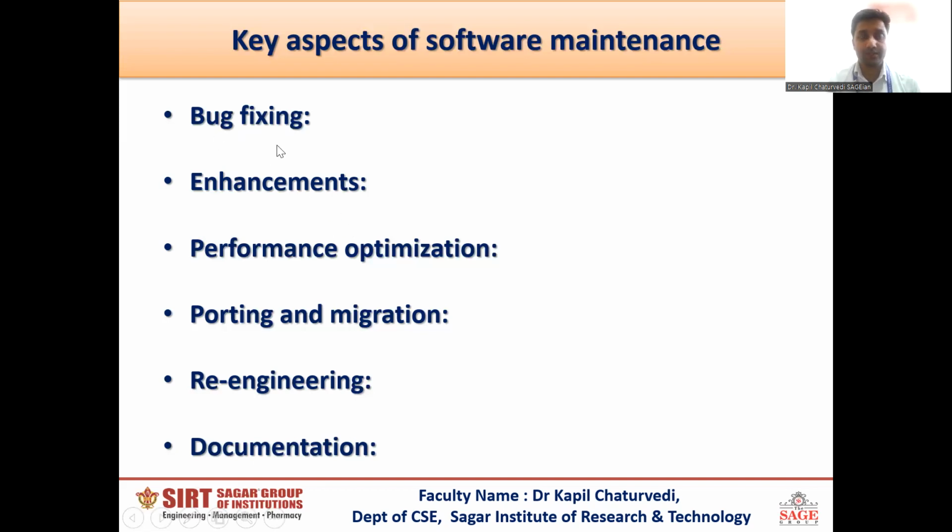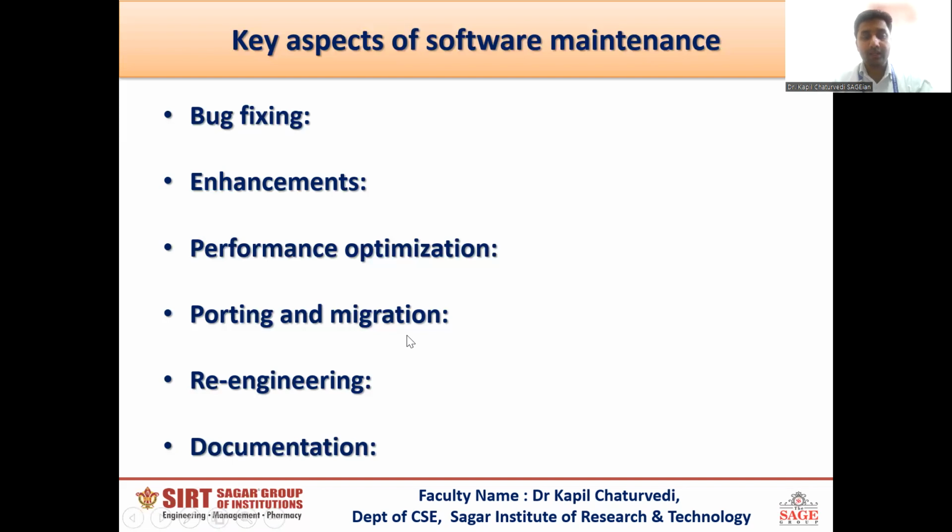That kind of exception is dealt with by the developer appointed to maintain the software. That is bug fixing. Enhancement is the second key aspect. In this, enhancement or modification will go on continuously with the existing software as per the policy, as we discussed. Performance optimization means, as per the load over the server, performance monitoring will continuously go on, and the developer will try to modify and optimize the response rate of the software.